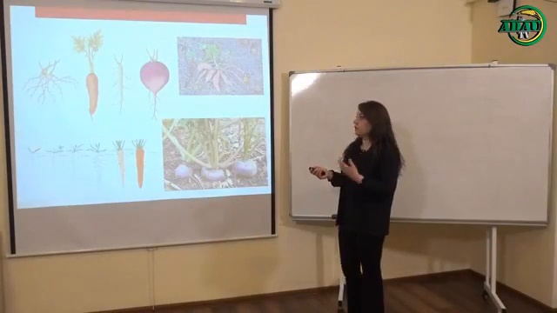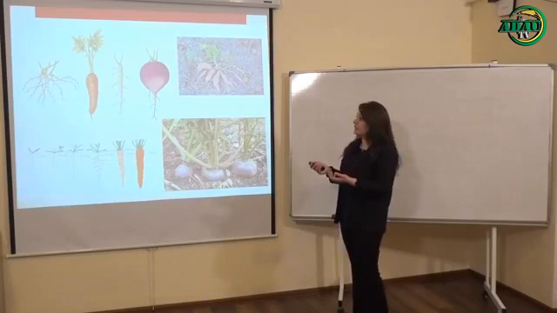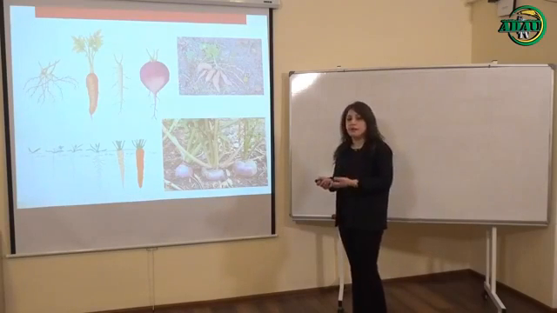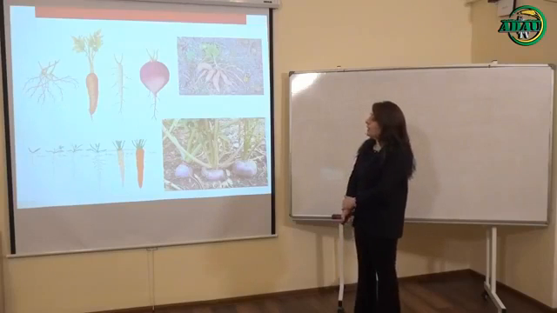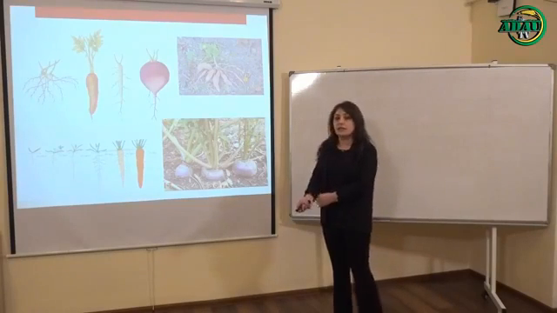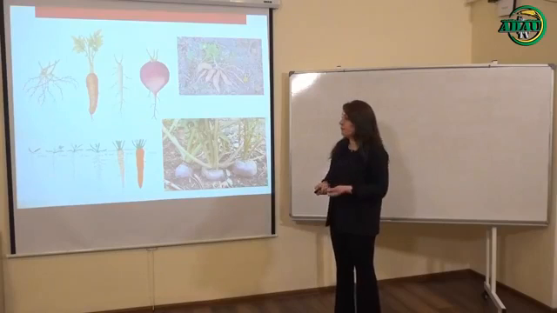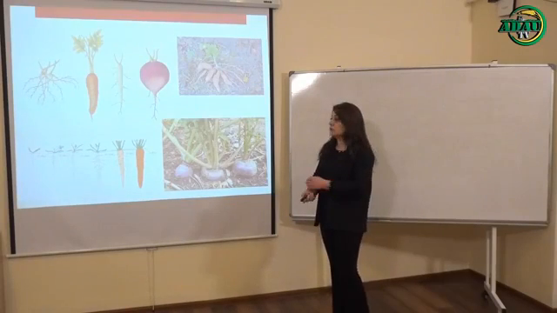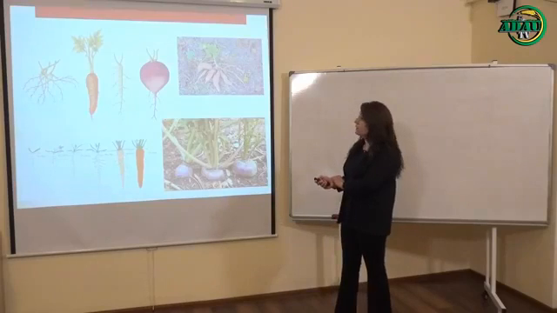As I've already told, the taproot system, the main root and adventitious roots may be modified for storing food. These materials, which are synthesized in the leaves by photosynthesis, are transported to underground organs of plants and stored in the roots.